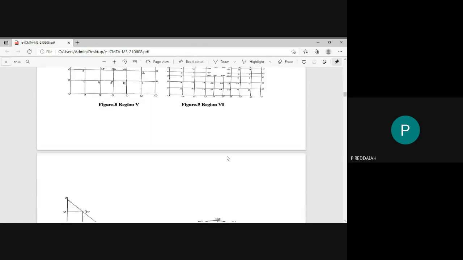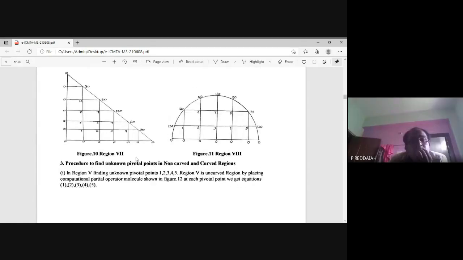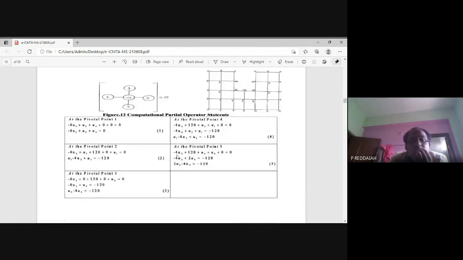This is region 6, region 7, region 8. I have made pivotal point values in this, and to find these unknown pivotal point values I have used this computational partial operator molecule. Using this molecule I find the unknown pivotal point values.